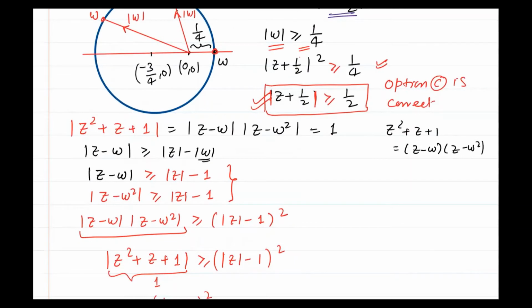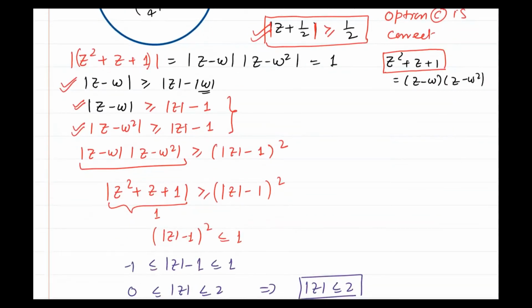Now the working of this part is a bit different, because I have factorized z square plus z plus 1. So if we get factors, then we get (z minus omega) into (z minus omega square), and we know that modulus of z minus omega is greater than or equal to modulus of z minus modulus of omega. So we get this triangular inequality, and similarly for modulus of (z minus omega) whole square, then we have to multiply them.